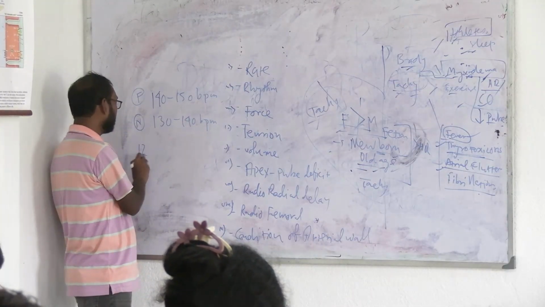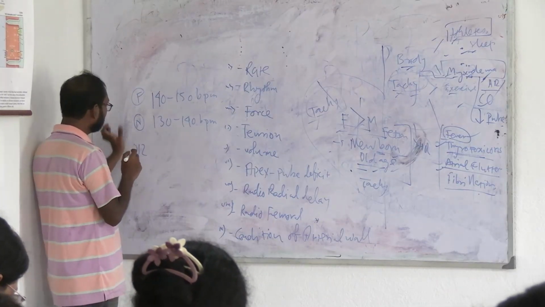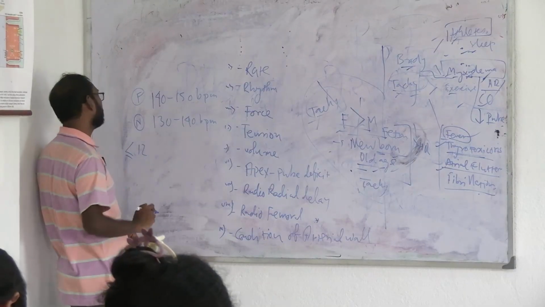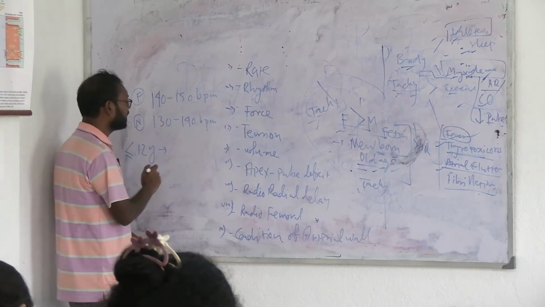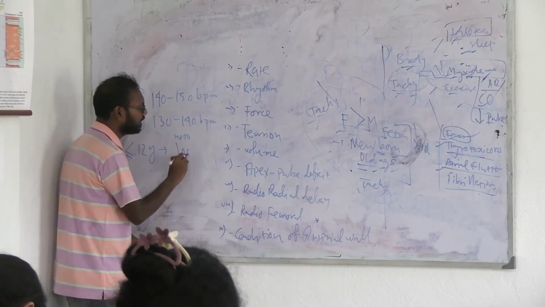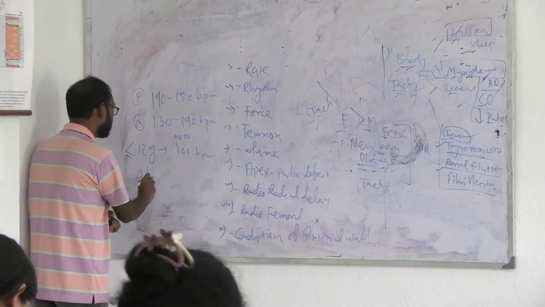Children up to 12 years of age, less than or equal to 12 years, it goes up to 100 BPM.